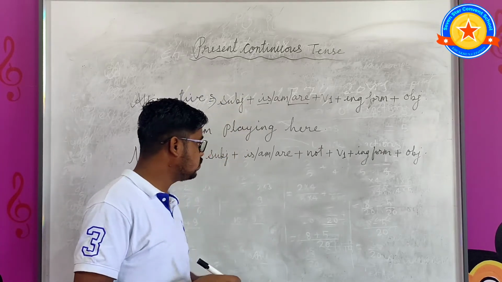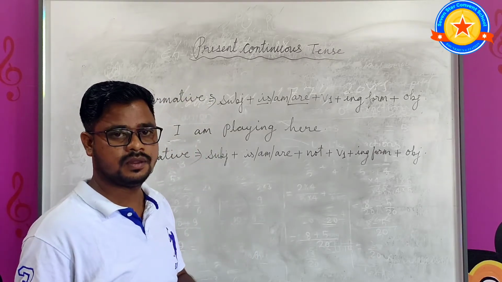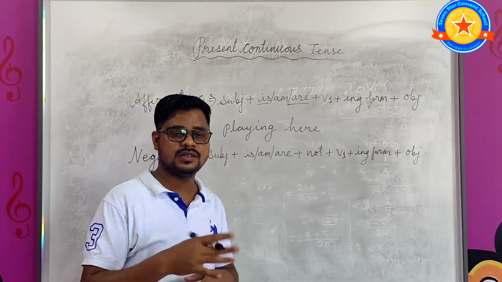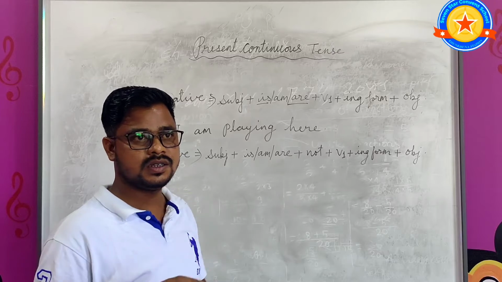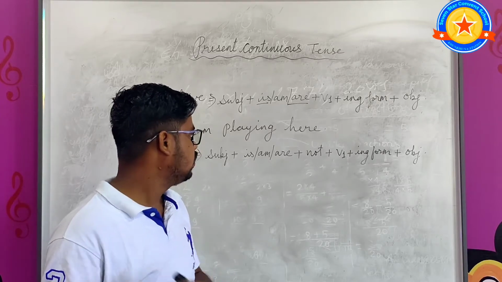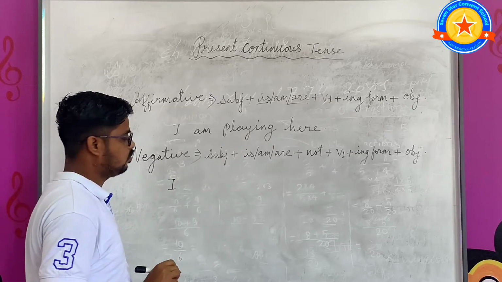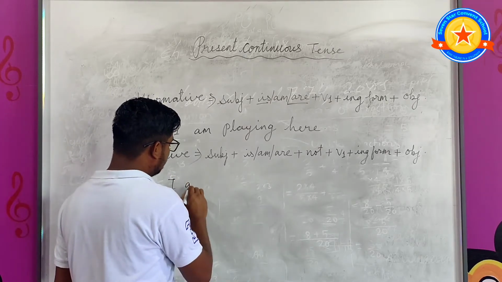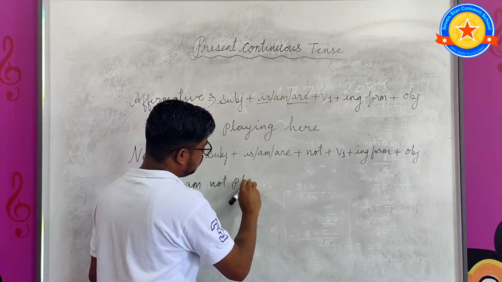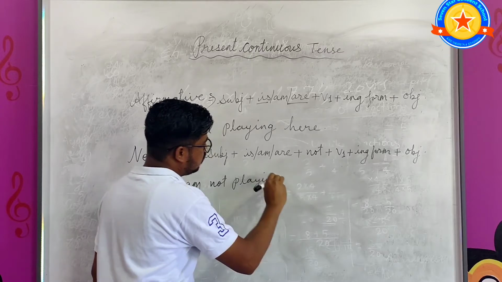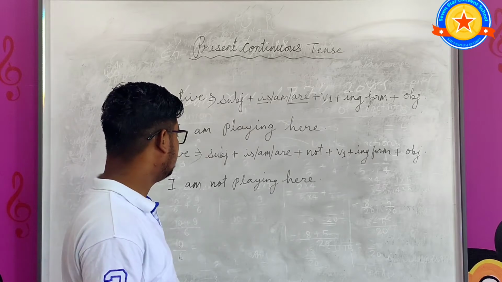Just now I told you that is is written with a singular subject, that means third person singular, he, she, it and any singular subject. For example, I am not playing here.